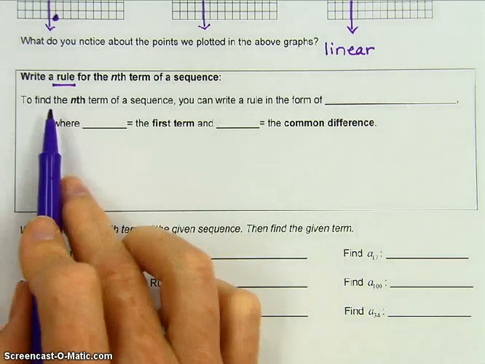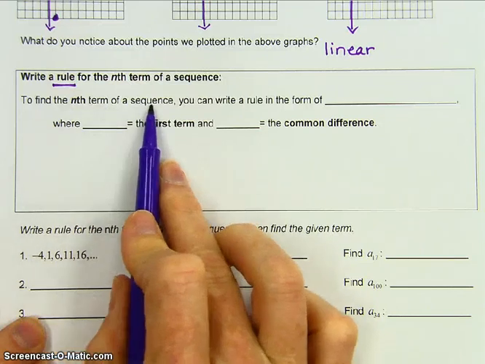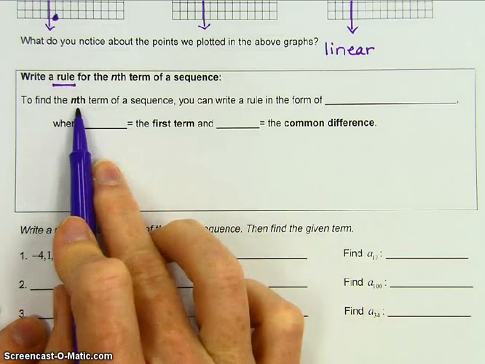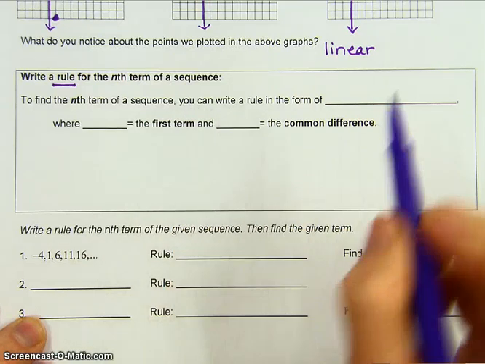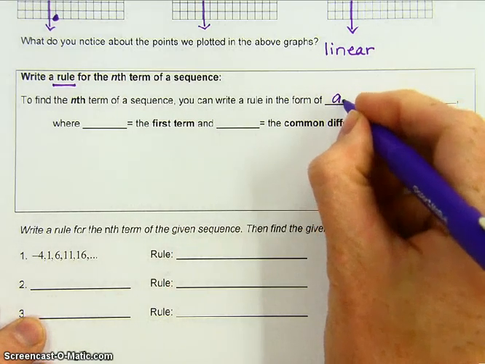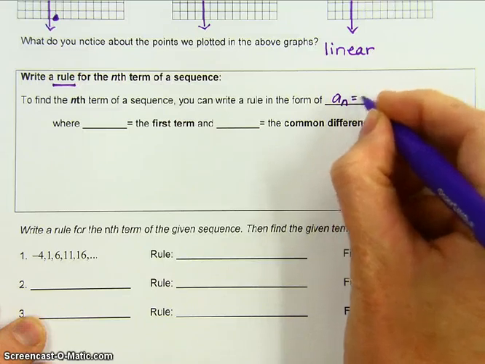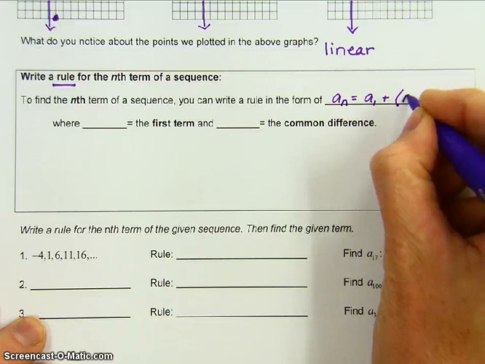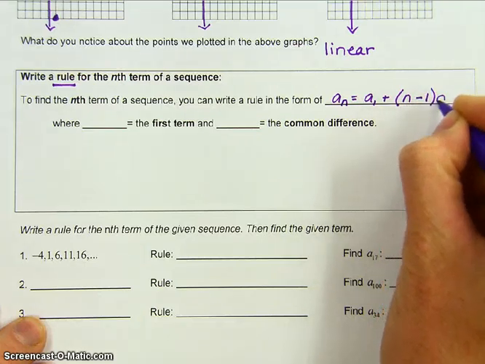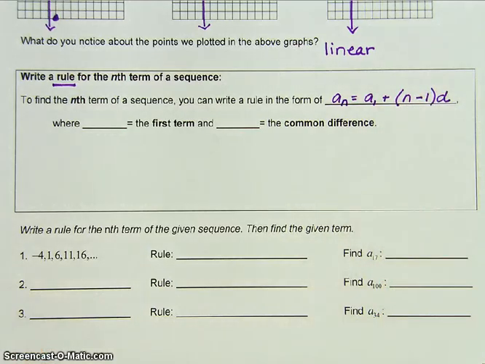So it says to find the nth term of a sequence. The nth term is just one that you don't know. You can write the rule in the form of a sub n equals a sub 1 plus parentheses n minus 1 times your common difference.